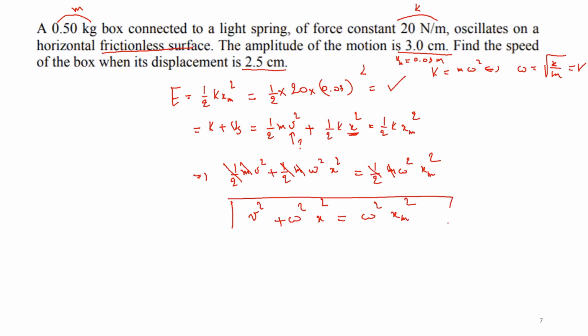Depending on the problem, here I gave you x max, I gave you omega, and I gave you x, so I ask you v. So v will be omega times the square root of x max square minus x square. Of course, you put everything in SI units.